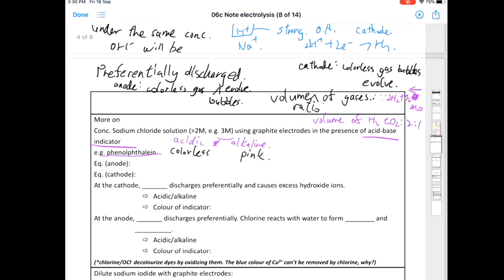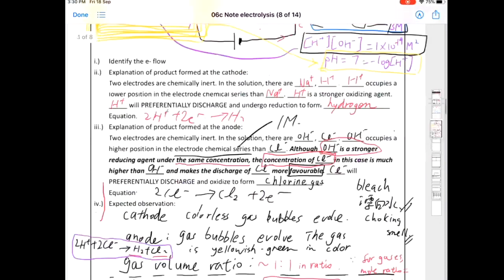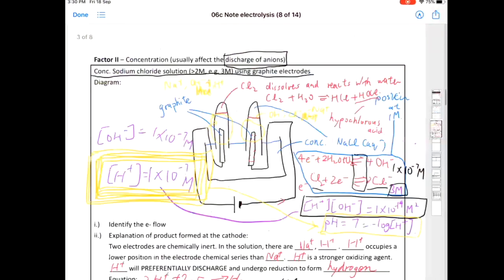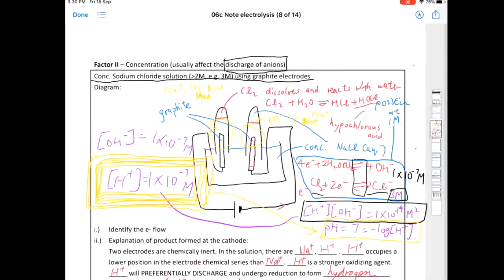Let's go back to the analysis. What can you observe on the right-hand side? On the right-hand side is connected to the negative electrode, so that H plus will discharge.